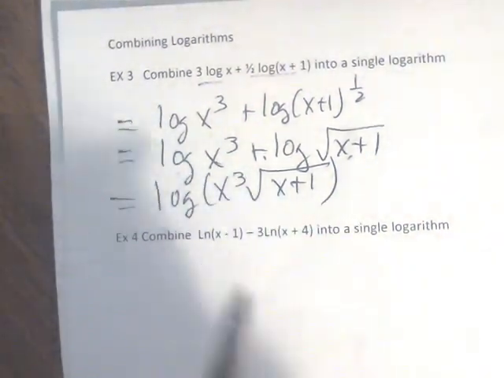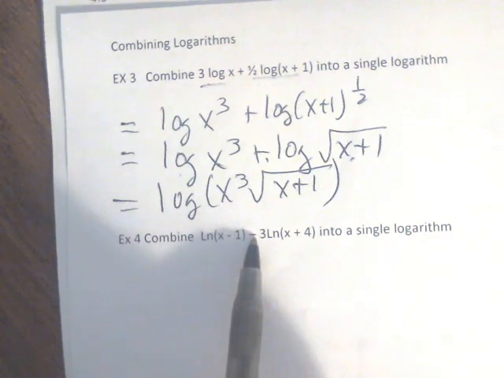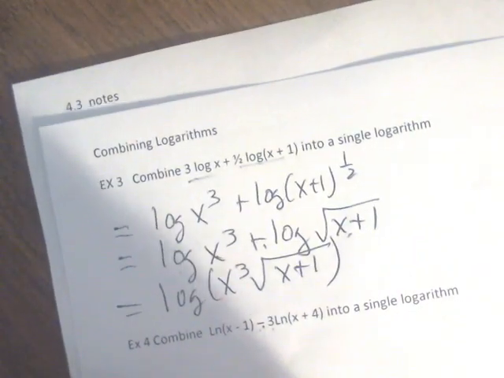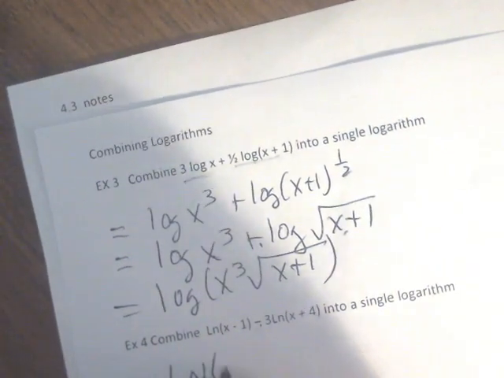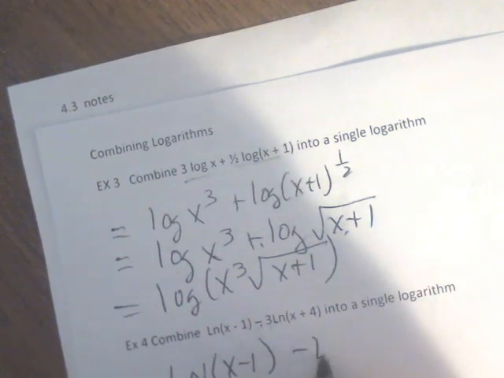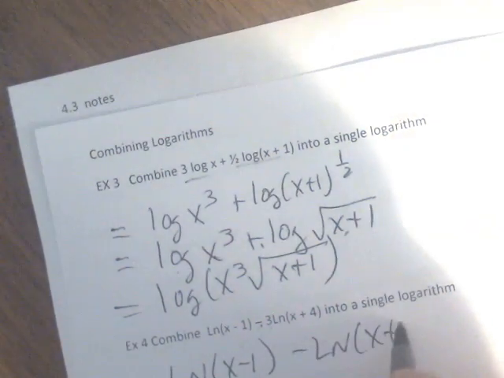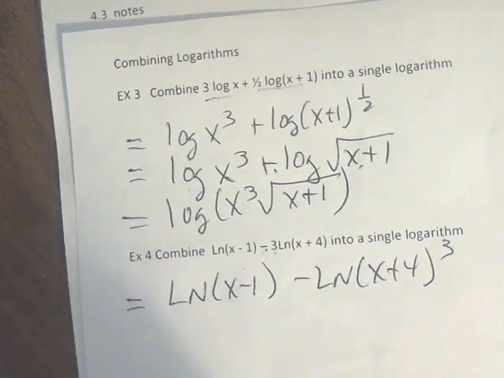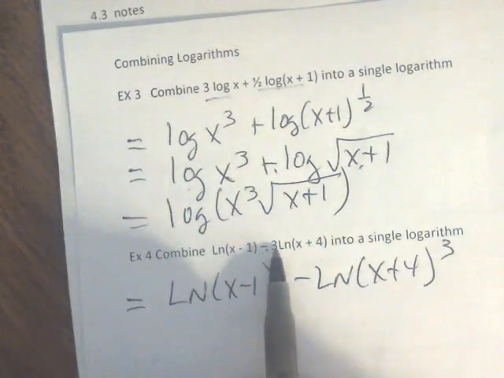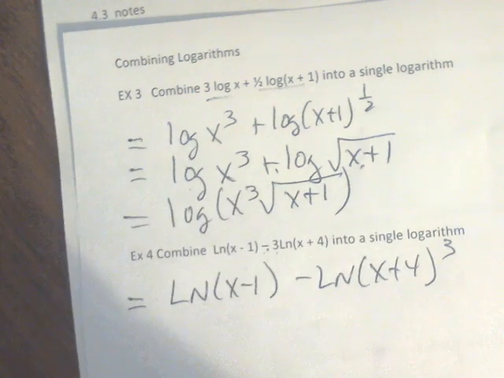For example 4, the only difference is now I've got a subtraction, which means I'm going to be doing law 2 eventually, but I must apply law 3 first. So this is my natural log of x minus 1 minus natural log of x plus 4 to the 3rd power. That's law 3, taking the number times the log and making it an exponent.